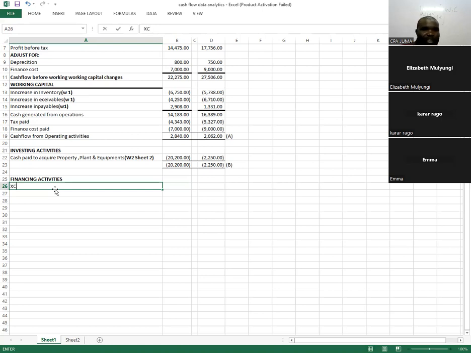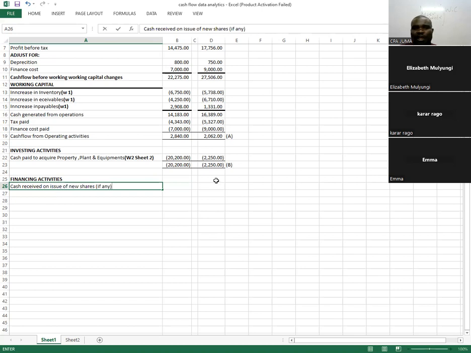Maybe you can just write here, if you wish to, cash received on issue of new shares. That one will be, if you see an increase. So here you tell them, if any.